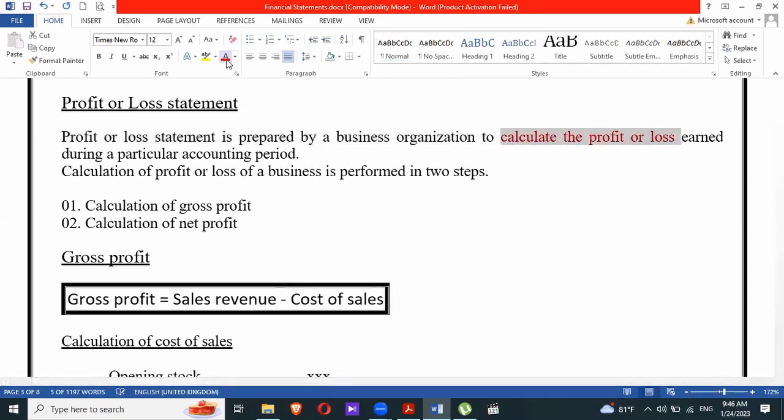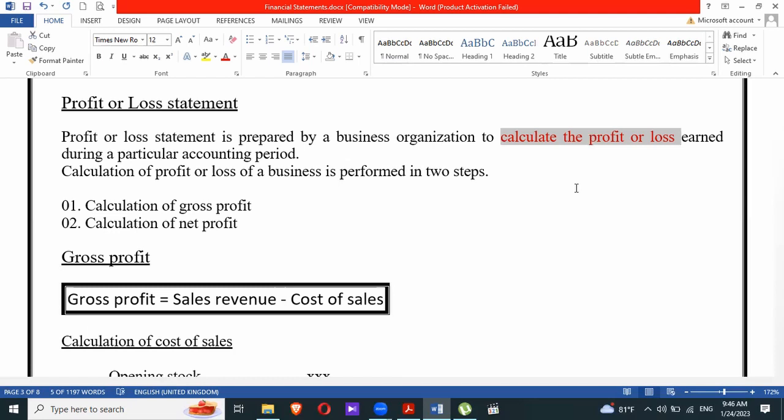Same thing: operational result means profit or loss. So the basic objective of the profit or loss statement is to calculate the profit or loss. Calculation of profit or loss of a business is performed in two steps. What are the two steps? Calculation of gross profit and calculation of net profit.